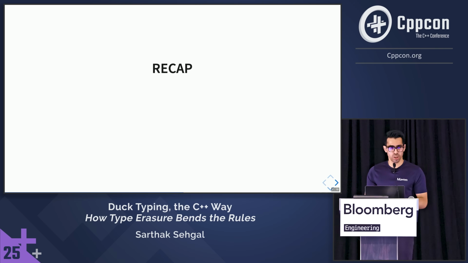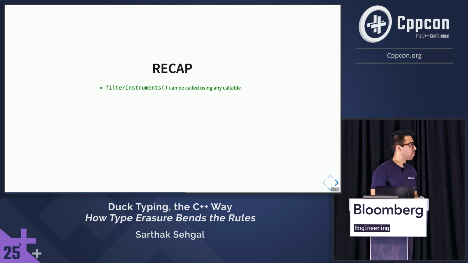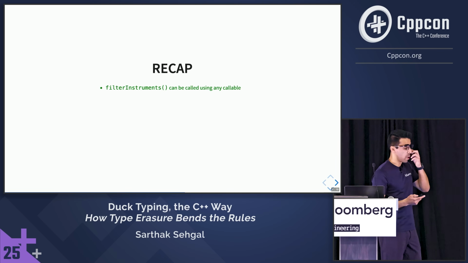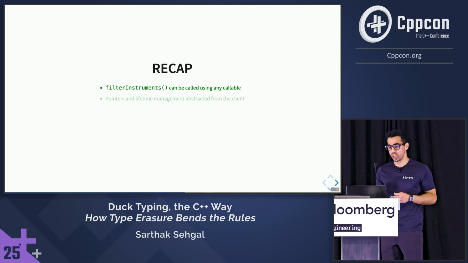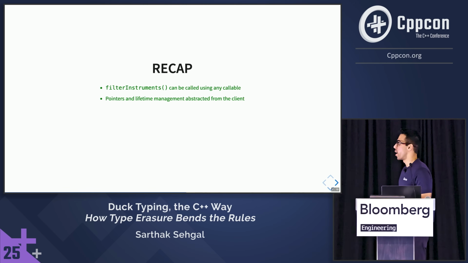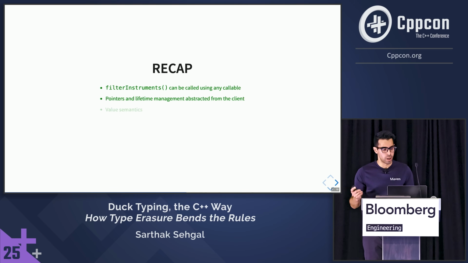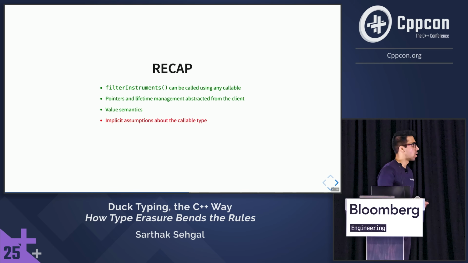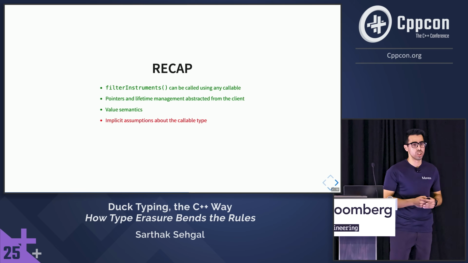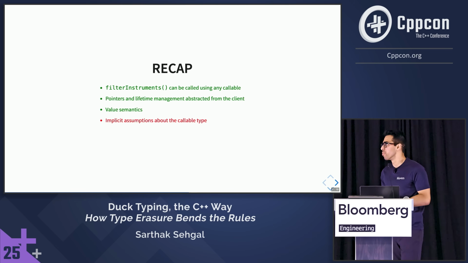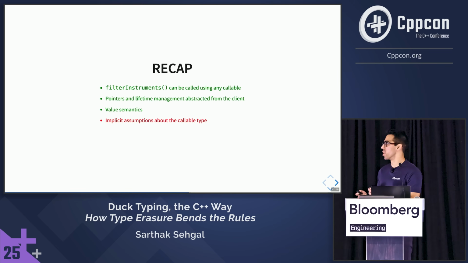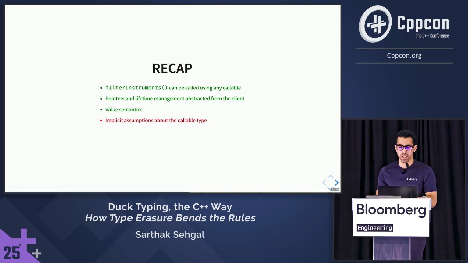Let's recap what we've done so far. So filter instruments can now be used with any callable. That's great. That's what we wanted to achieve. Pointers and lifetime management are abstracted away from the client. It provides value semantics, but there are still some implicit assumptions about the callable type. That's because it's got a templated constructor. You can pass anything to it.